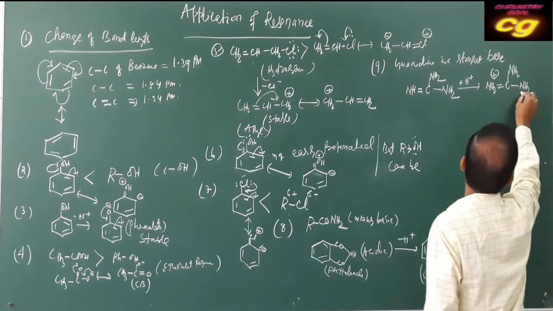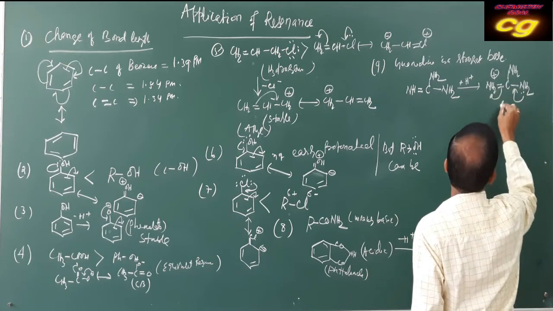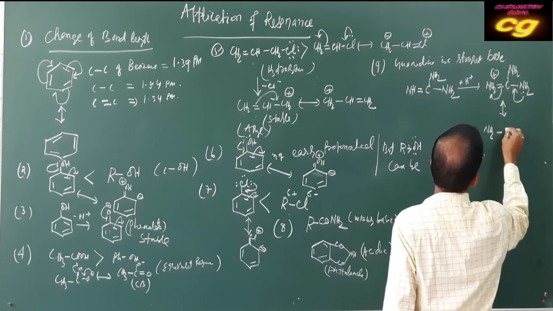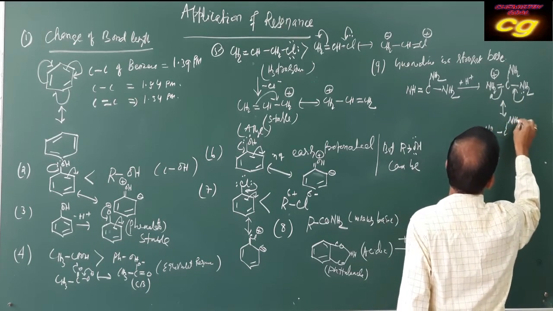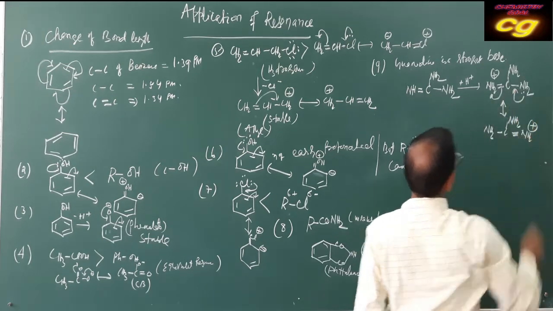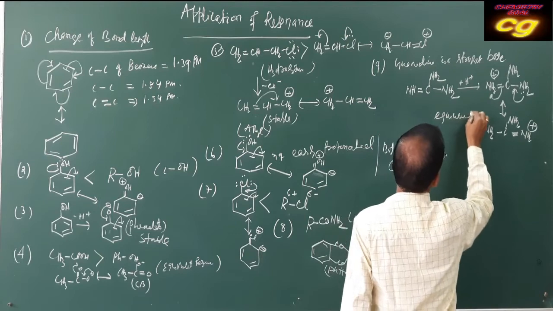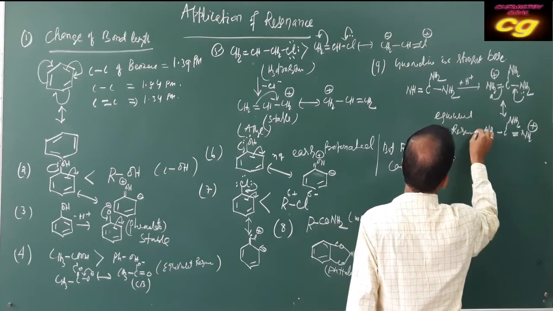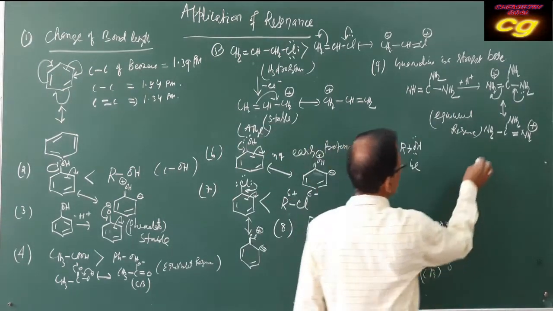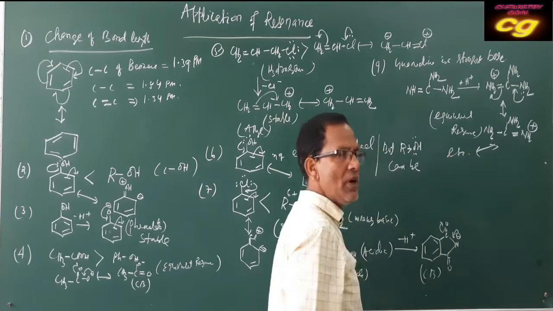Just see, it has a lone pair like this. So what is the first resonance of guanidine? NH2, then C, NH2, then double bond NH2 plus, and equivalent resonance structures are possible. As it has equivalent resonance, other structures are also possible.